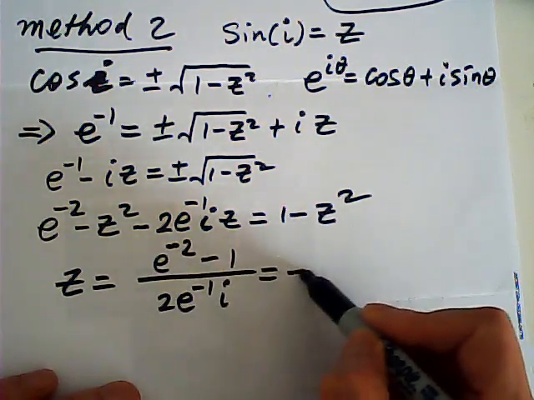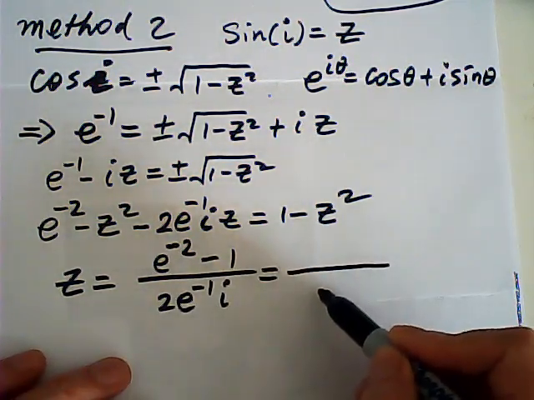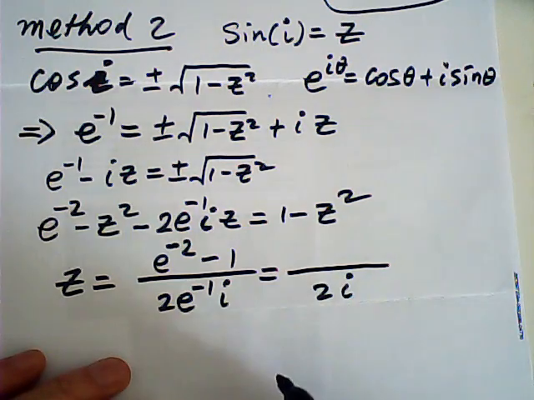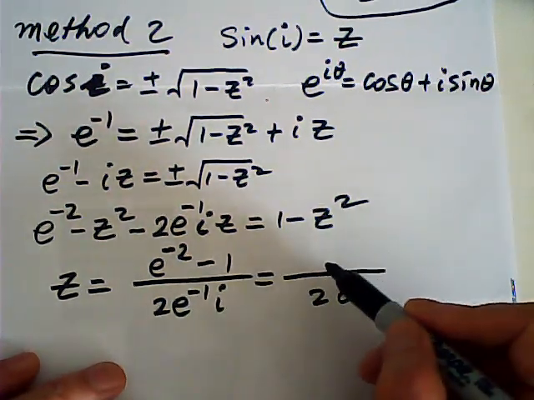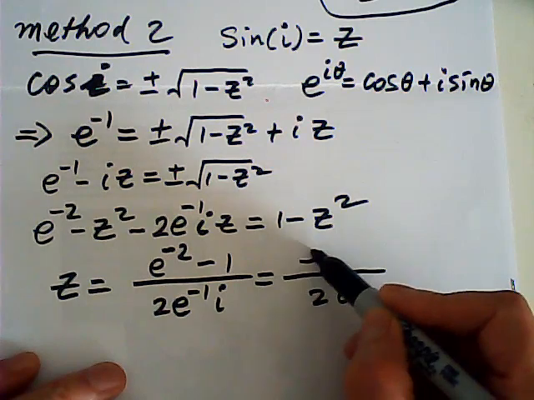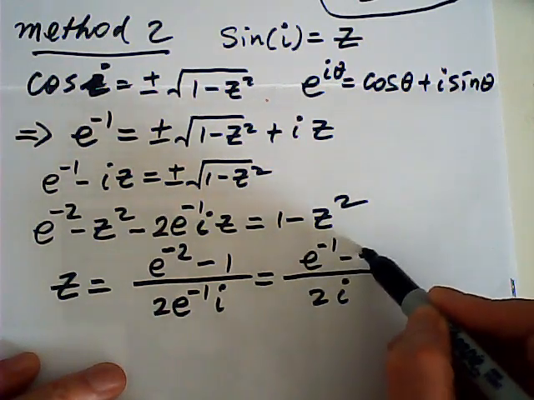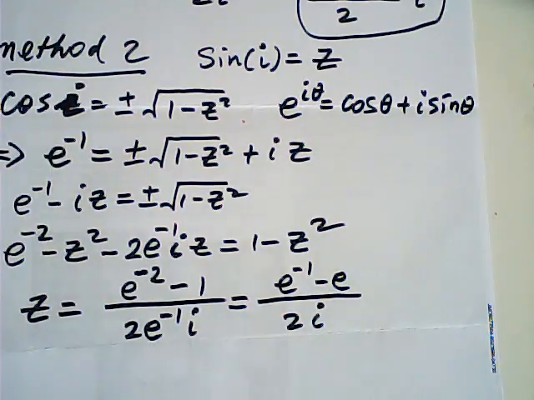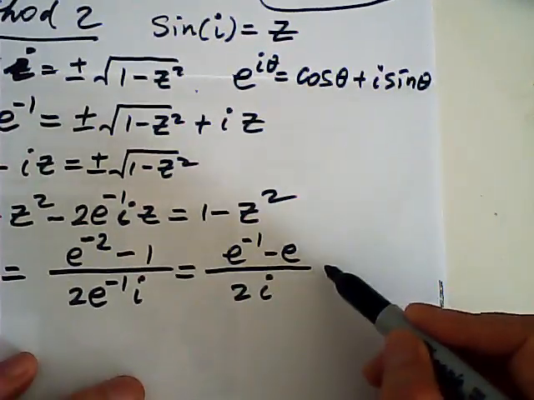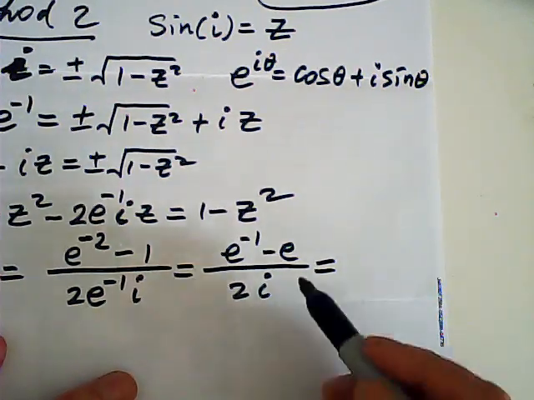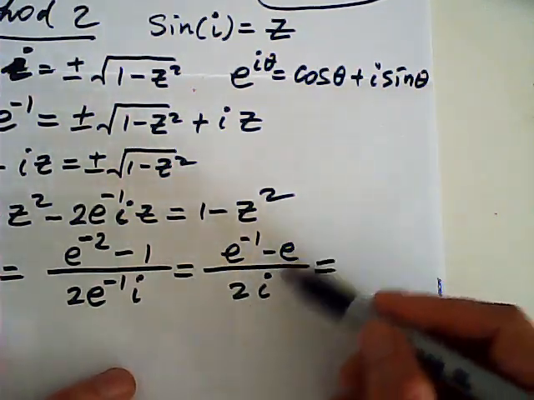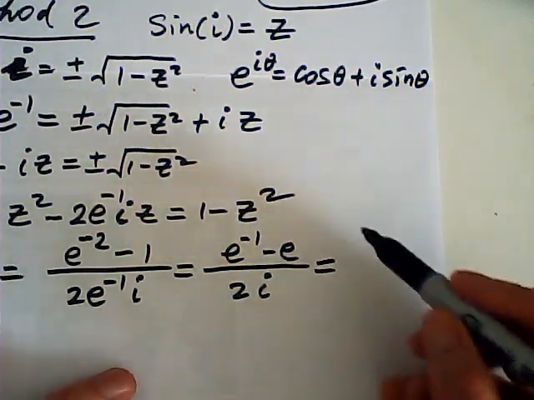And then I multiply by e, both top and bottom. So this becomes 2i, right? This becomes e to the negative 1 minus e. Then divided by i is multiplied by negative i.